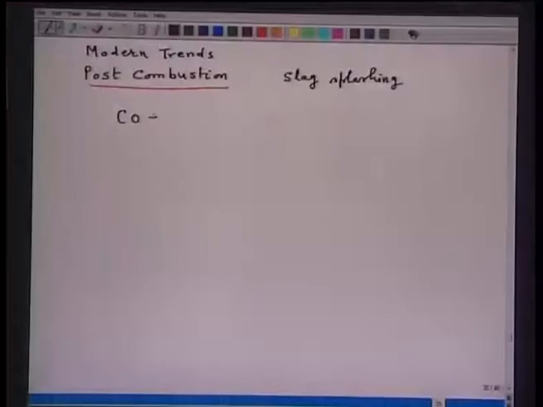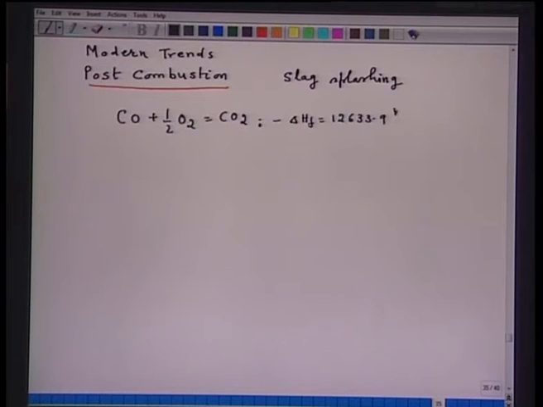So, that means CO plus half O2 is equal to CO2, and the heat of formation, a very large amount of heat, is being created by combusting CO gas inside the reactor.